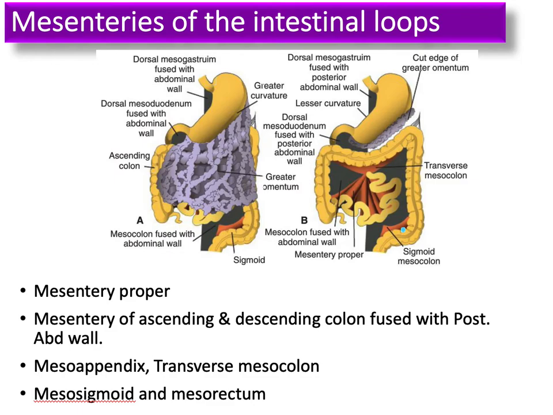We call it sigmoid mesocolon. So we name it in relation to the organ that is connected to it, right? For example, mesogastrium, because it's a mesentery that connects the stomach, gastrium, I mean.